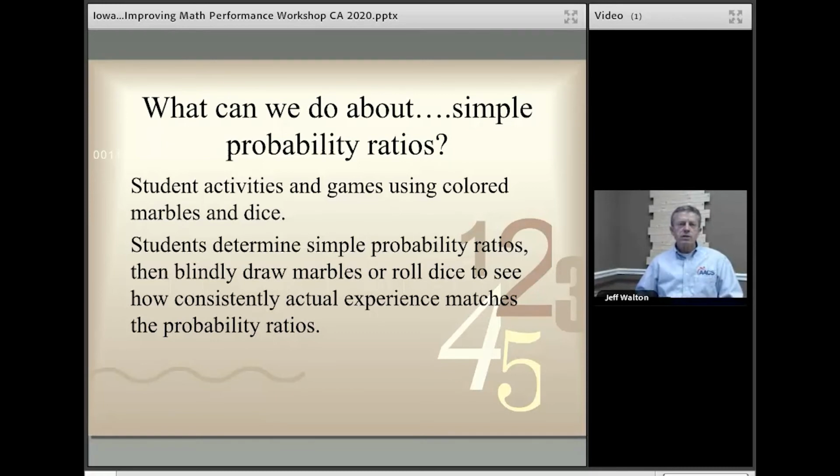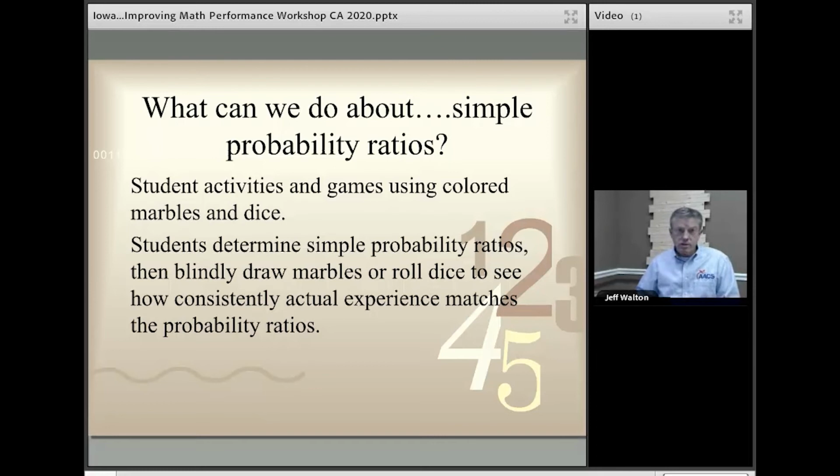So they'll be very simple problems, and you can teach those to your students in an activity where they blindly draw marbles or they roll dice to see how consistently their actual experience matches the probability ratios that they determine from evaluating those dice or those marbles.